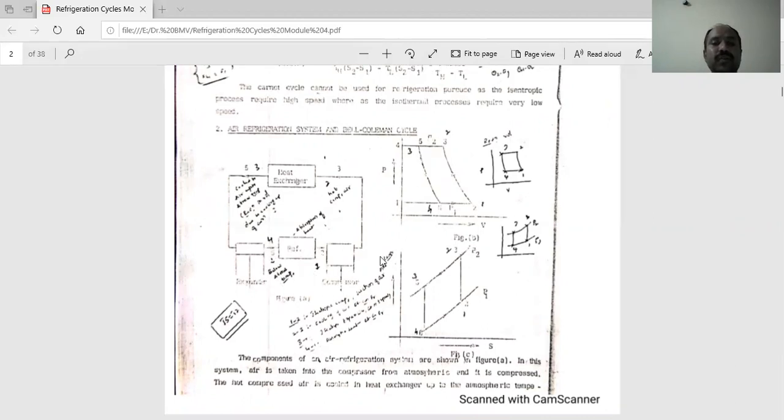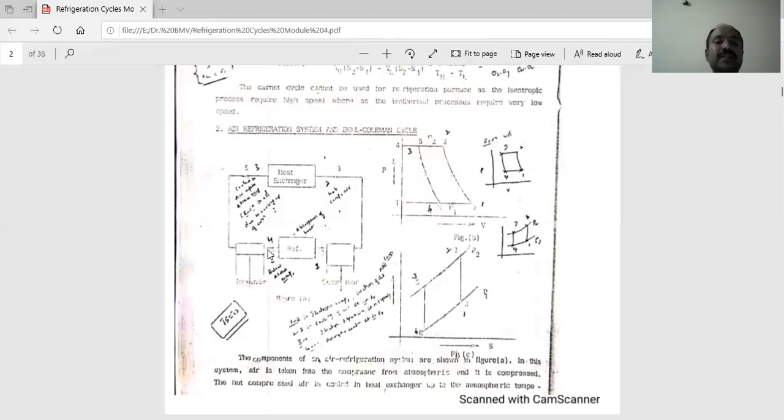1 to 2 is the isentropic compression process. In 2 to 3, cooling of air takes place in the heat exchanger, and heat is rejected to the atmosphere. Then the cooled, high-pressure air is passed to process 3 to 4.